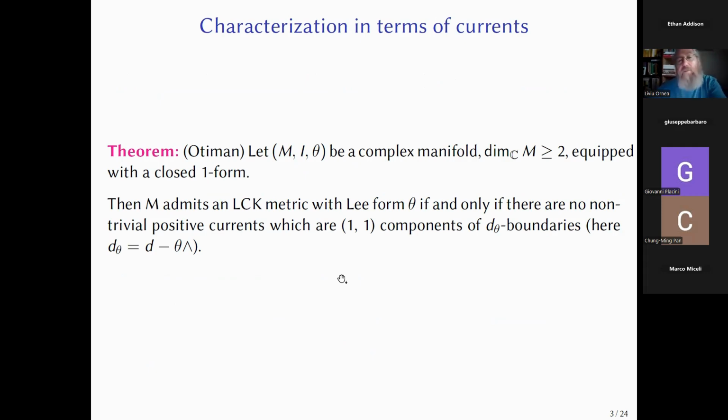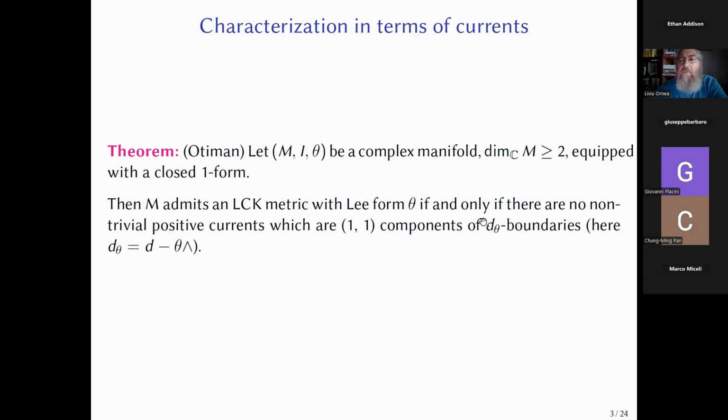which, I think, originated in Sullivan. It was then adapted also by Michelsohn to balanced, but it exists also for LCK. You can see it here.